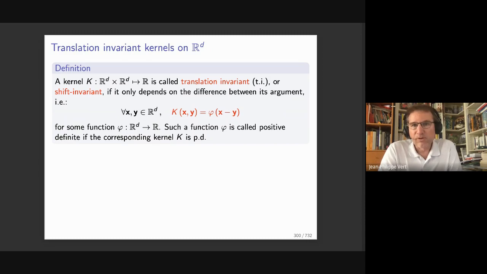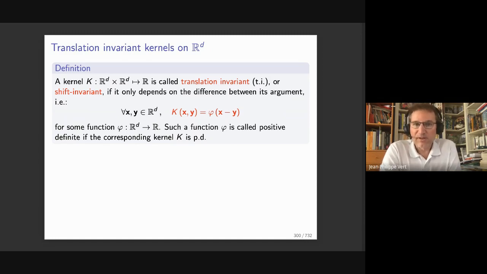Right, so as before, for k to be symmetric, we just need phi to be even. So phi of t should be equal to phi of minus t. But the question is, what constraints or how to characterize the functions phi such that the kernel phi of x minus y is positive definite?